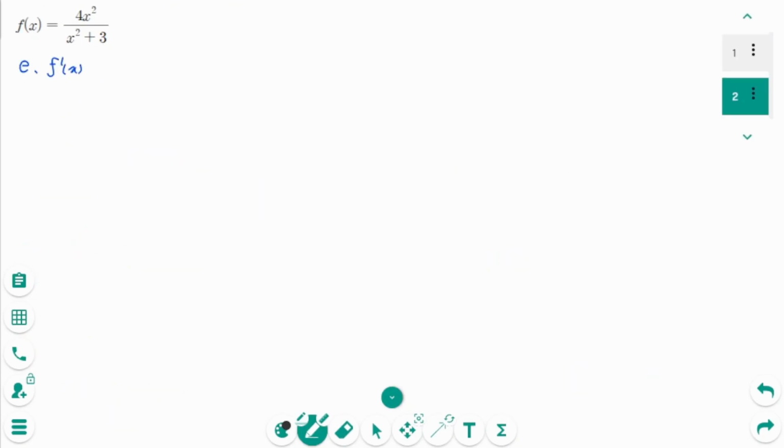f prime of x equals, using the quotient rule, (u over v) prime equals (u prime v minus u v prime) over v squared.